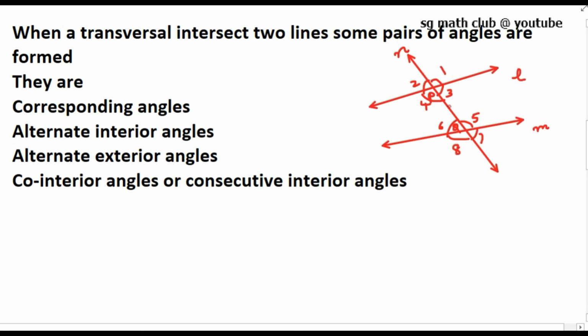Total 8 angles are formed, and they are corresponding angles, alternate interior angles, alternate exterior angles, and co-interior angles or consecutive interior angles. Let's see one by one what these are.